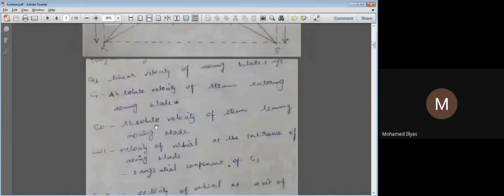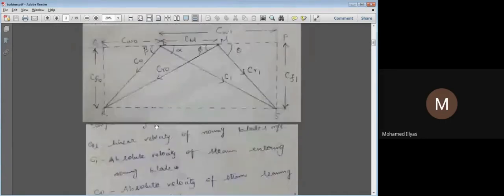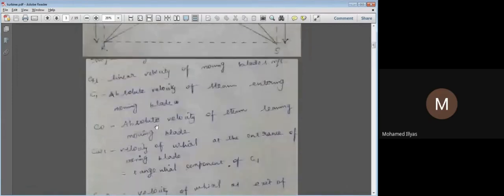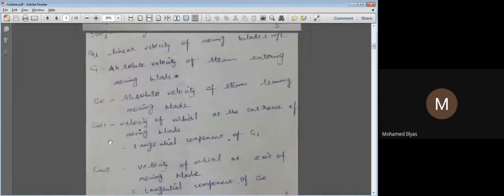I think you have completed this. Now similarly CW1, CWO. Write it as tangential component at inlet and tangential component at outlet. CW1, CWO are the tangential components at inlet and outlet respectively.